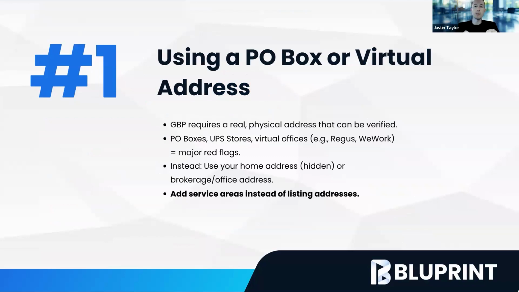But if you're using a PO box or a virtual address, or you have space outside of your brokerage, like you're renting a Regus space or WeWork, or what's the other big one, Industrious, anything like that. Sometimes those addresses get flagged because there are so many businesses there that they are categorized as virtual addresses, and Google will oftentimes trigger that as not a real address.